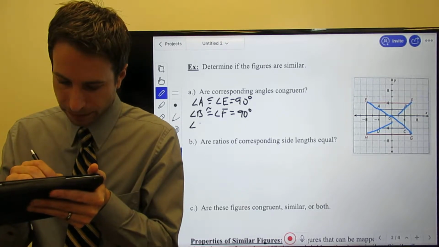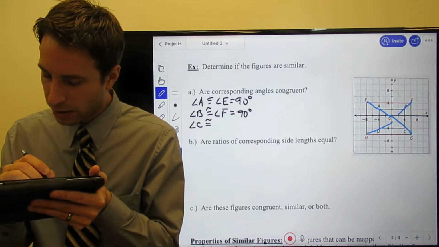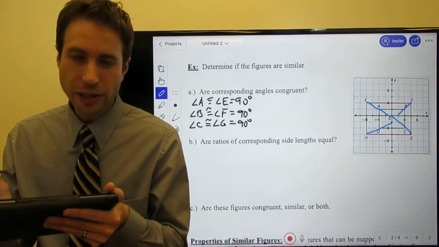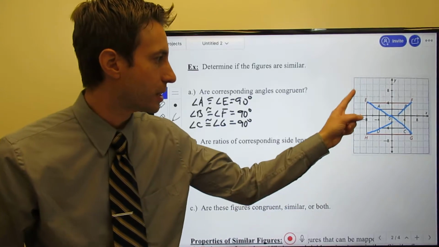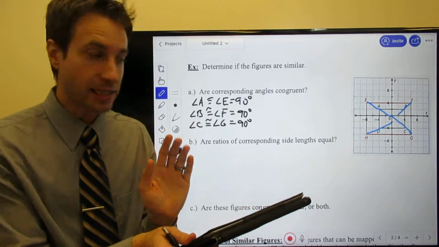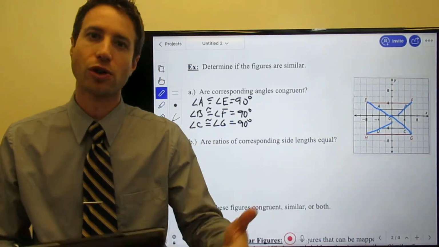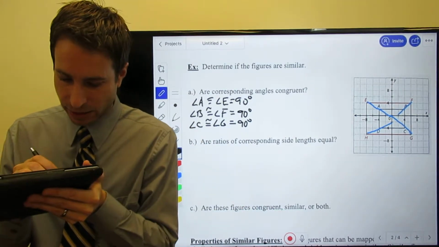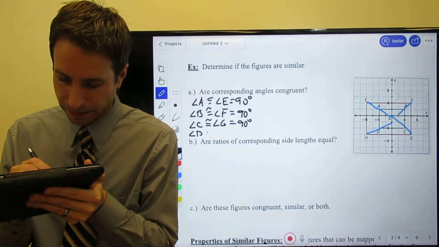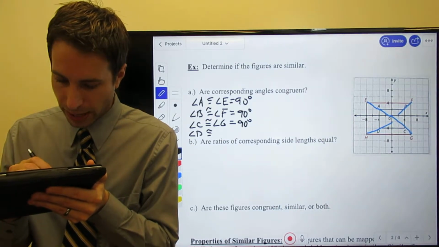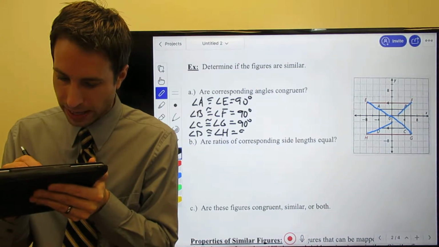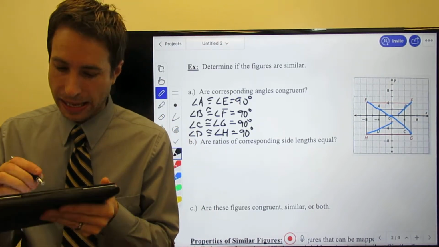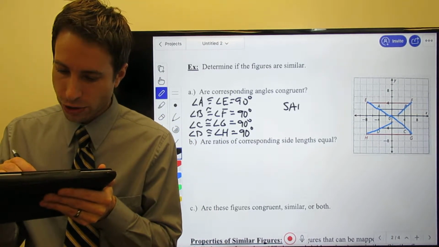Angle C is congruent to angle G, once again 90 degrees. You don't need a protractor for this. You can see that the adjacent sides, one's vertical, the other's horizontal, so they have to be perpendicular, and of course perpendicular is 90 degrees. Angle D is congruent to angle H, once again 90 degrees. So here's what I know. Because all the angles are the same, I have the same shape.